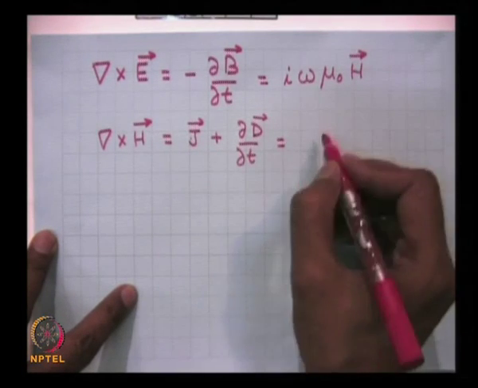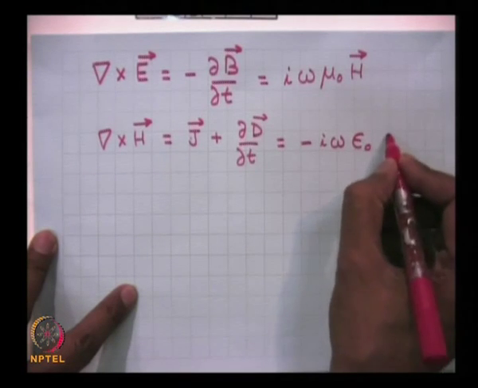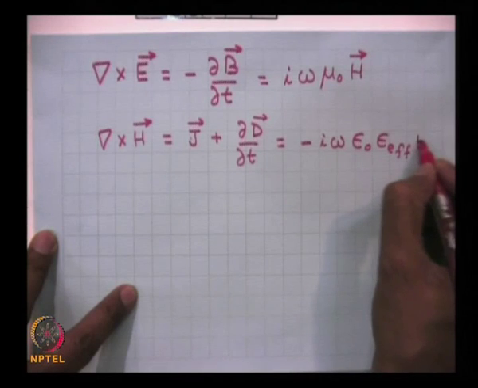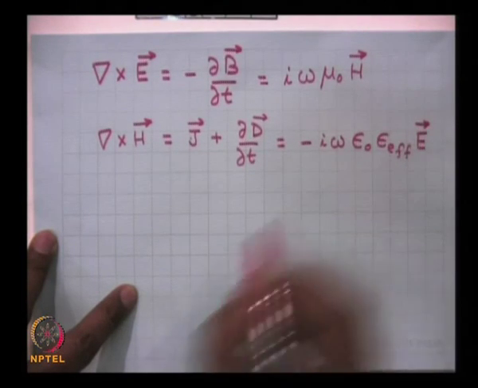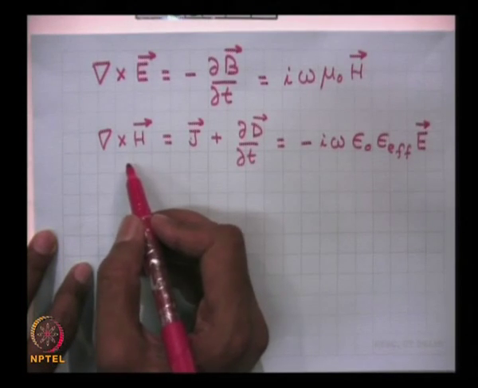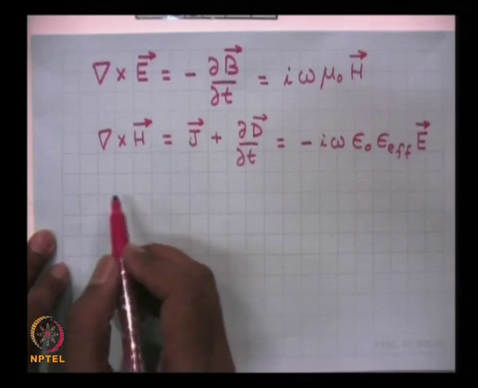So, combine these two terms and you will get minus iωε0 ε_effective into E. This is how the Maxwell's equations resemble a dielectric. So, this is the effective plasma permittivity.